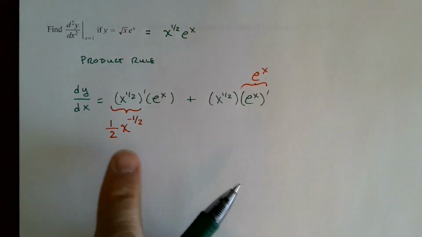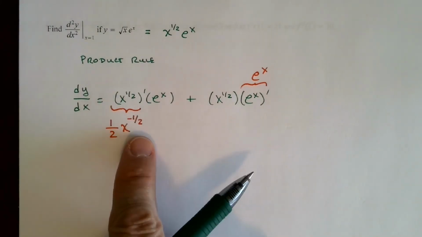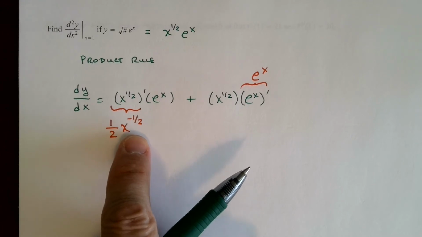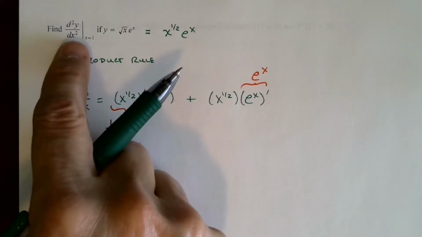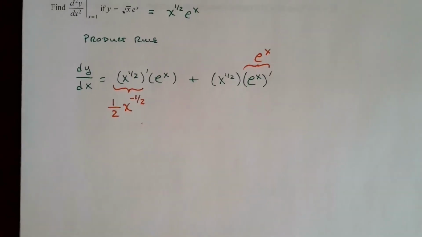Now we could rewrite this as 1/2 times 1 over x to the positive 1/2. I'm going to leave it though with a negative exponent right now. My ultimate goal is to just get the second derivative and then to evaluate it. So I can leave it as a negative exponent.